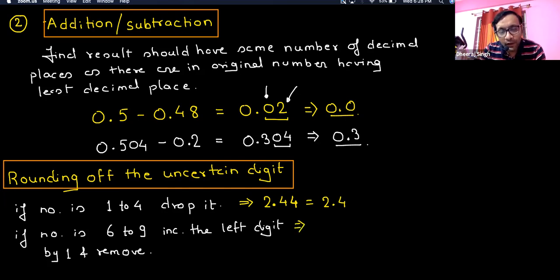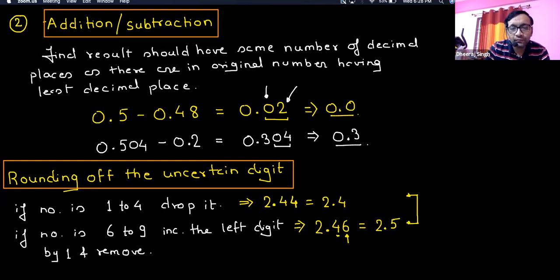Over here, the example is 2.46. If it is like this, you can write it as 2.5. When you are removing 6, you need to increase the adjacent digit by 1. Rules are clear to everyone? Any doubts in these two rounding off rules? Simple, right?